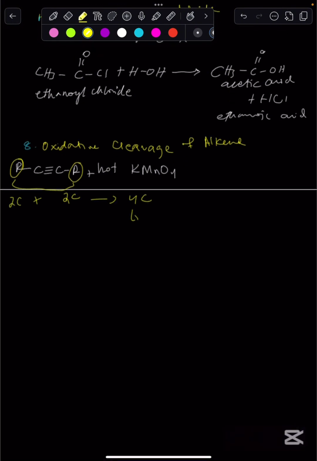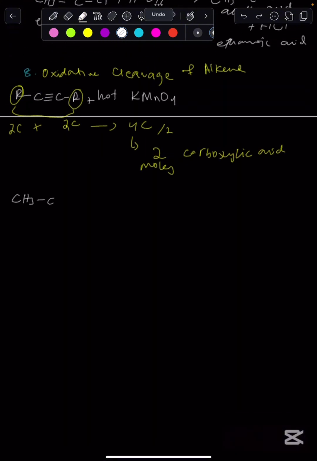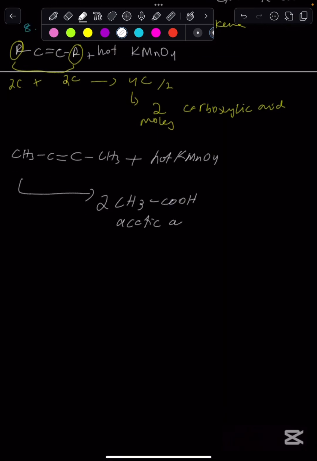Now this 4 carbon will divide into 2 and then it will form 2 corresponding carboxylic acids, meaning 2 moles of carboxylic acids. So for example, if we have that alkene with hot KMnO4, it will form 2 of the acetic acid molecules.